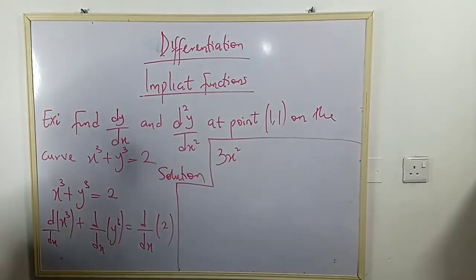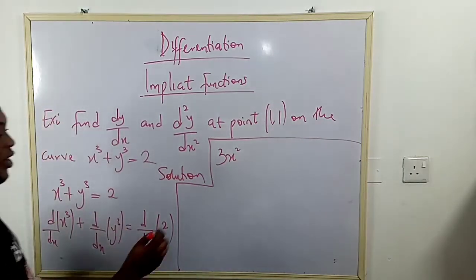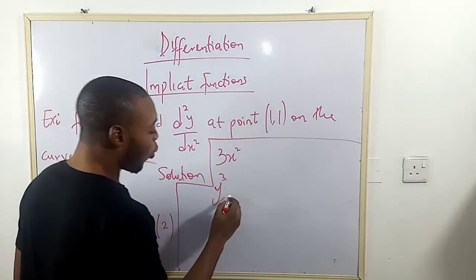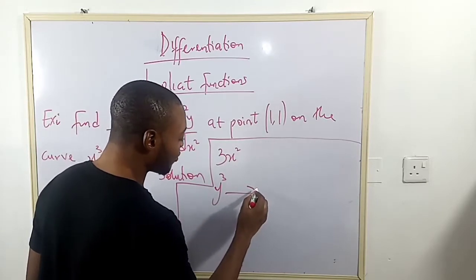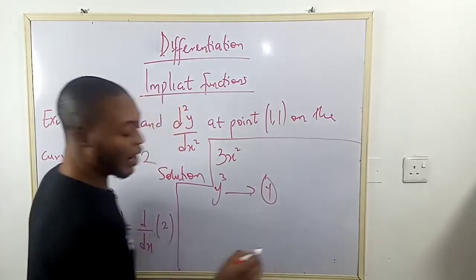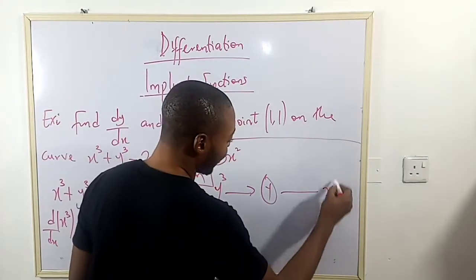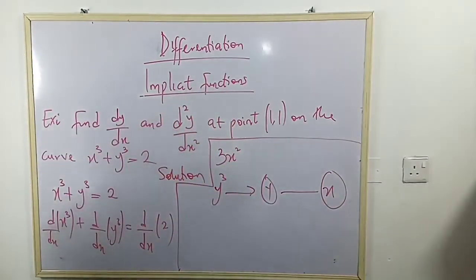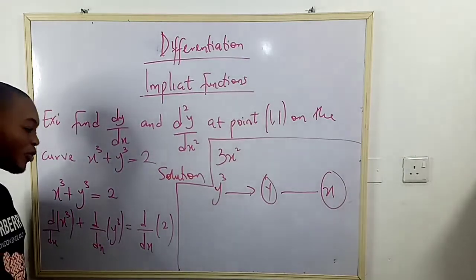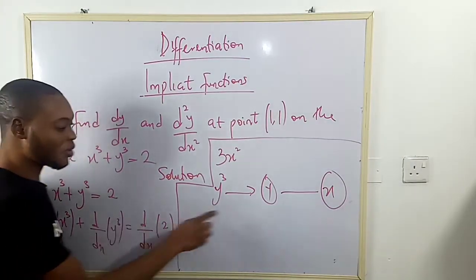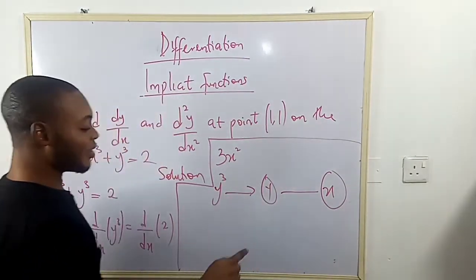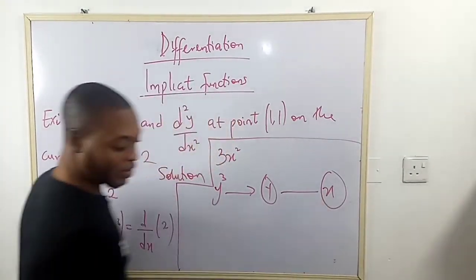So in this case we have y cubed. Y cubed is a function of y, and y itself is a function of x. So you can see it's a function of another function. That means first we differentiate y cubed with respect to y, and then multiply it by the derivative of y with respect to x.